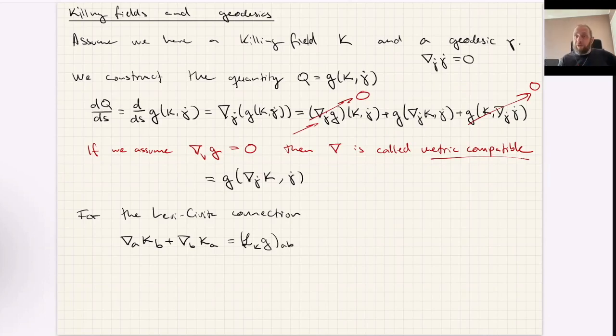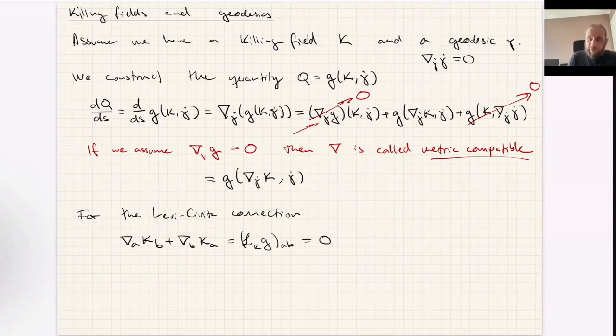This is true for any vector field, but in particular, if we assume that we have a Killing field, then by definition this Lie derivative was 0. So having a Killing field is equivalent to this expression being equal to 0.